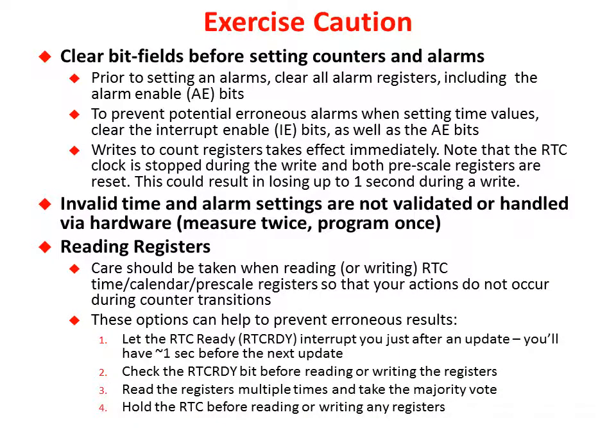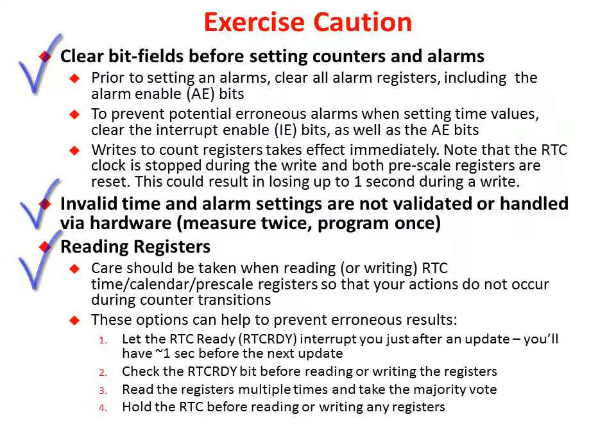Finally, we wanted to caution you on a few issues. 1. The user's guide highly recommends clearing bit fields before you set them. 2. Invalid time and alarm settings are not trapped by hardware. If you make a mistake, you will get erroneous results. 3. You should not read or write to any RTC register when the peripheral is updating them. Again, you'll get erroneous results if you do so.